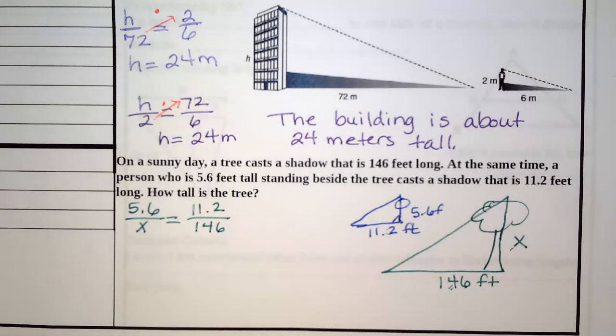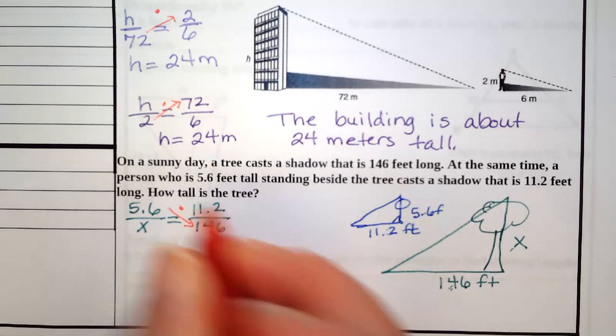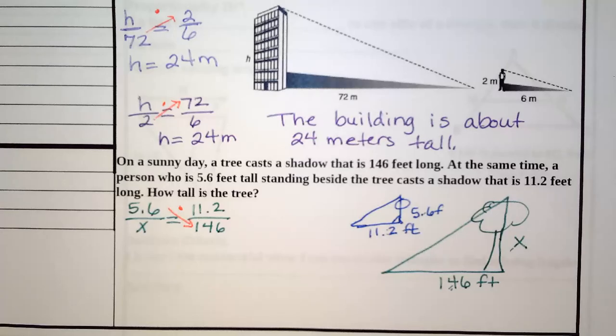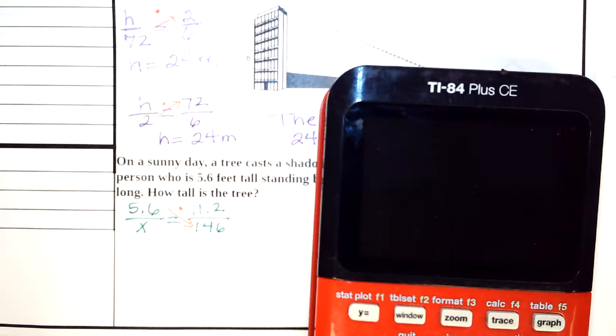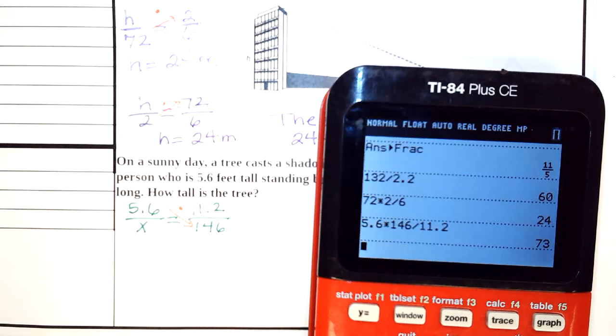We always multiply at that diagonal, and then we divide going up. 5.6 times 146 divided by 11.2. We end up with 73.